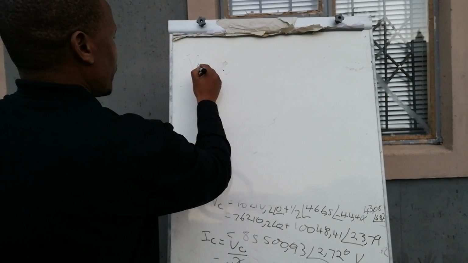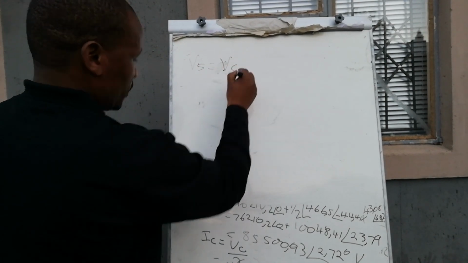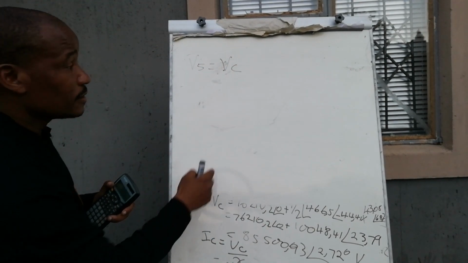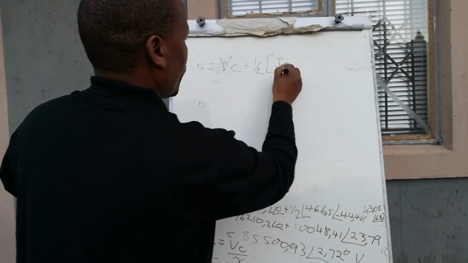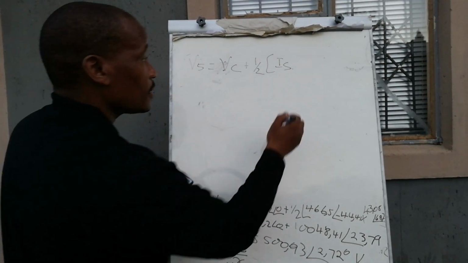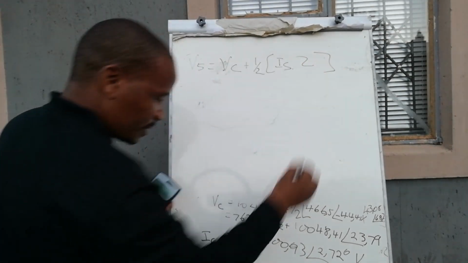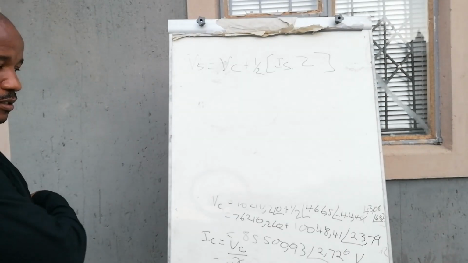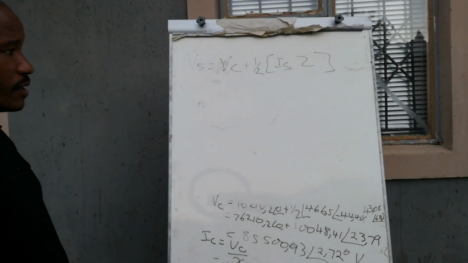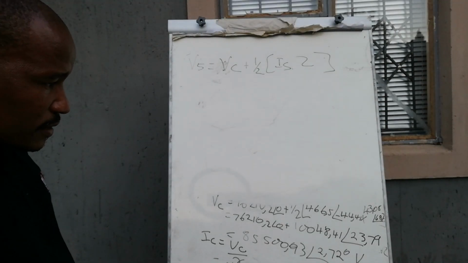Now the sending end voltage is equal to VC calculated plus half IS calculated multiplied by the impedance, which is calculated as 43.08. I'm right? The impedance, yes.